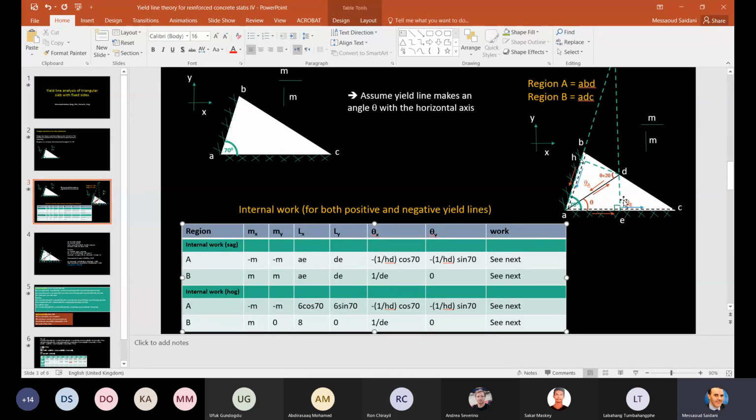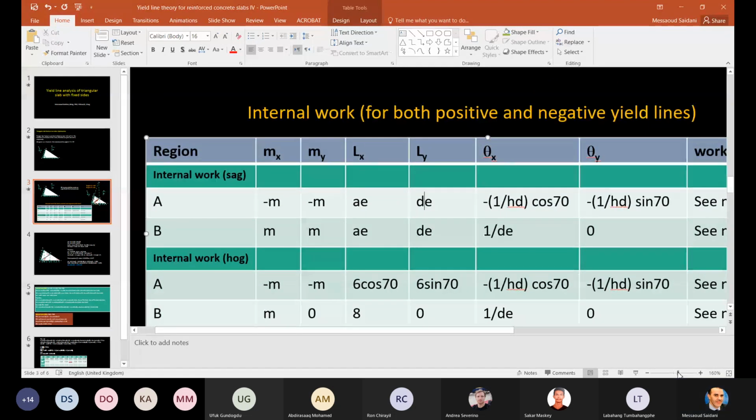The rotation, we're looking at this region here, remember? So the rotation is 1 over HD, the perpendicular distance here. 1 is the displacement there, divided by HD. Let me make it a bit bigger.